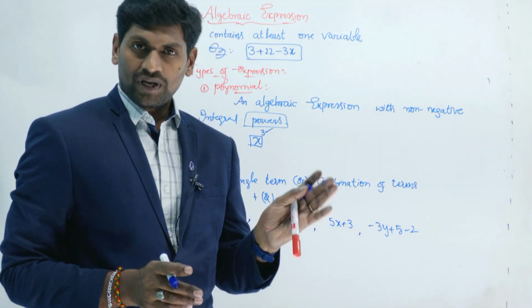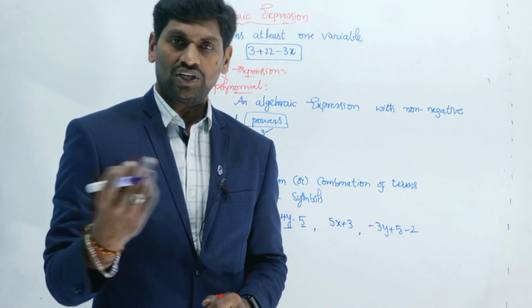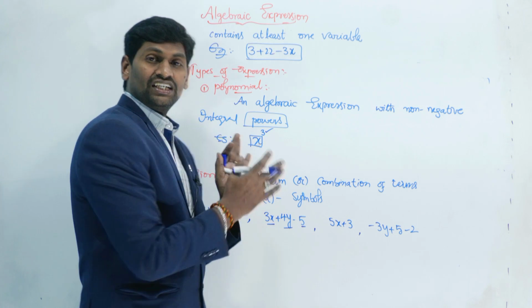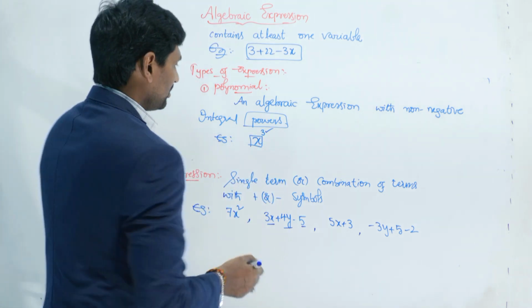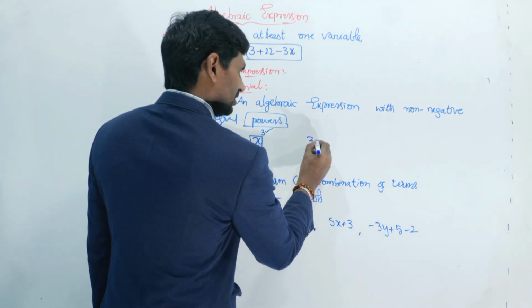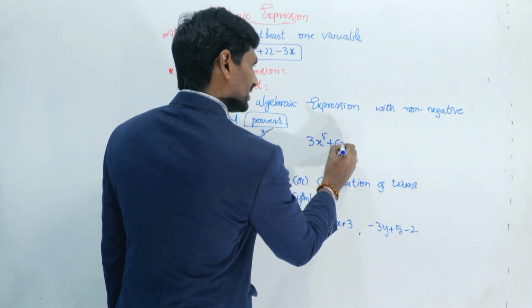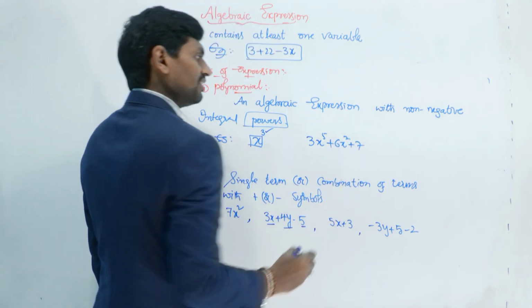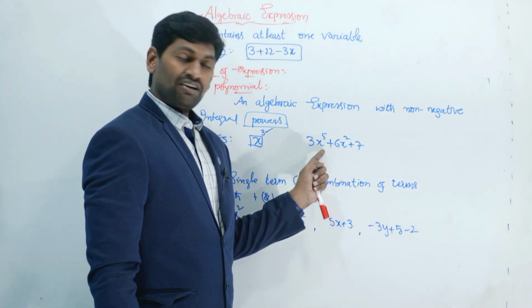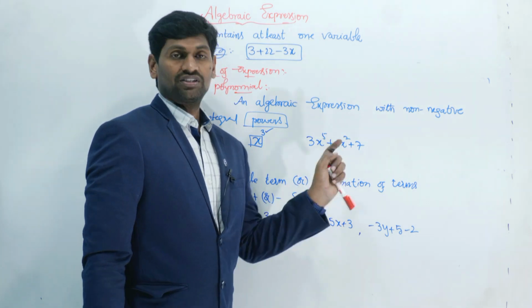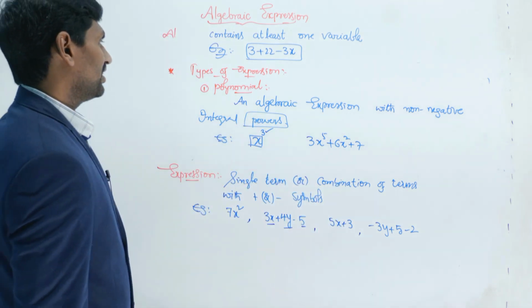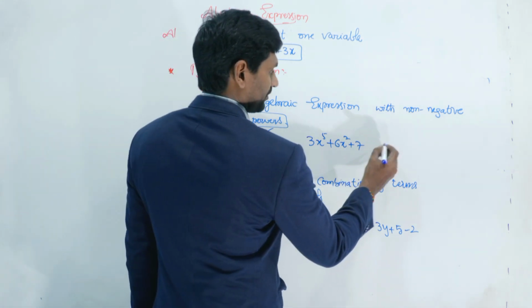Integers means plus or minus 1, all positive numbers, all negative numbers, and 0. But here it asks for non-negative integers. So x cube is a polynomial. 3x power 5 plus 6x square plus 7 contains a variable, so it is an algebraic expression, and the variable has non-negative powers, so it is a polynomial.